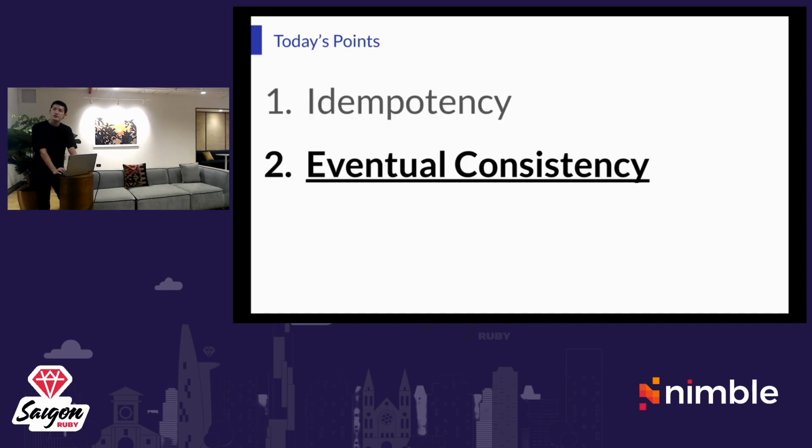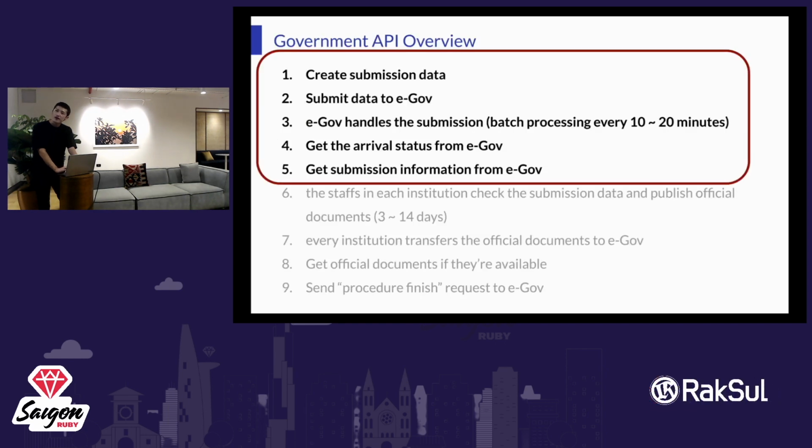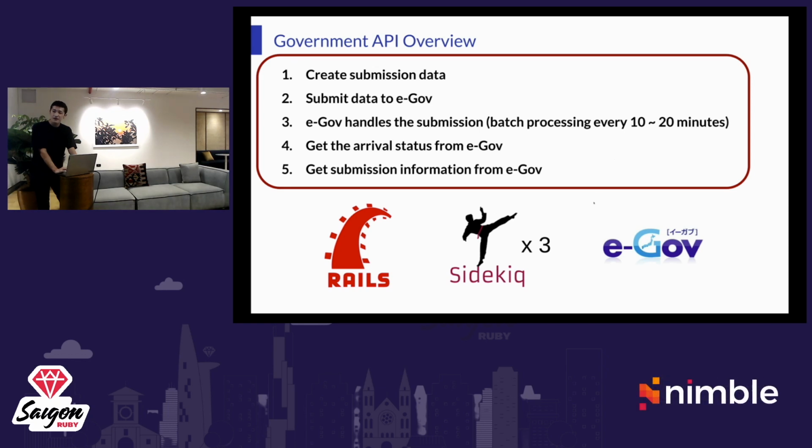Let's go on to the second point, eventual consistency. As I explained, there are 5 steps in this presentation, and for each step, many systems are related. It matters.